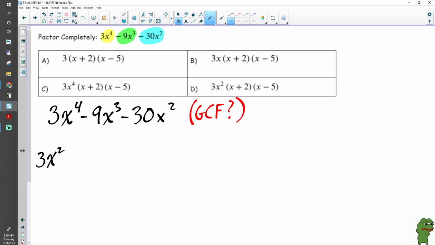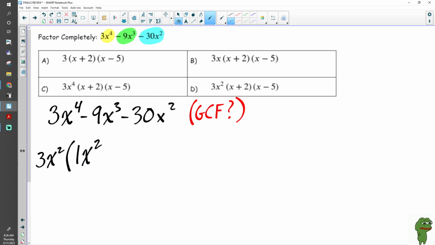So we need to write what's going to be left over after dividing by 3 and taking away 2 x's. If I divide 3 by 3, I'm left with 1. I had x to the 4th, and I took 2 x's away, so now I only have x squared.